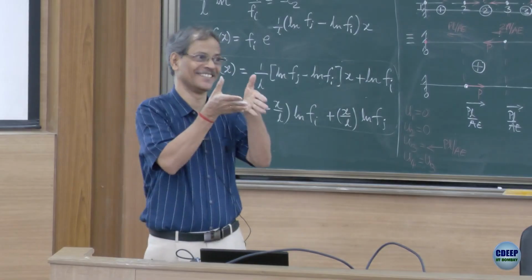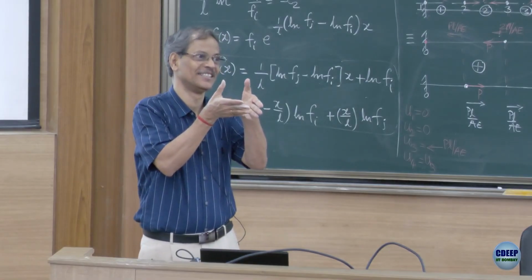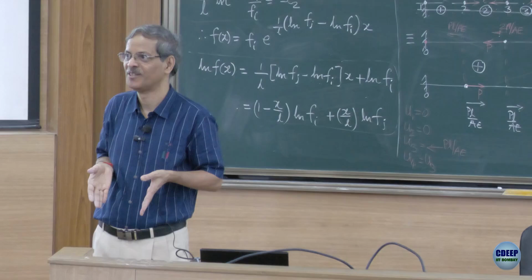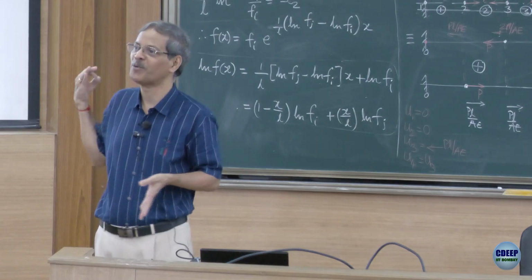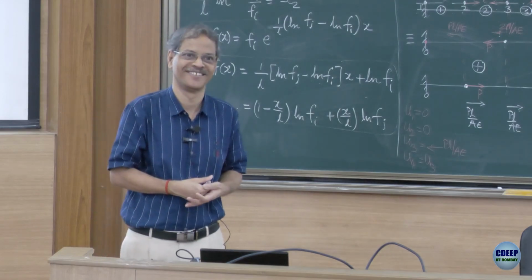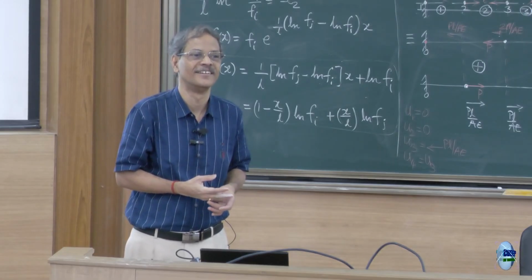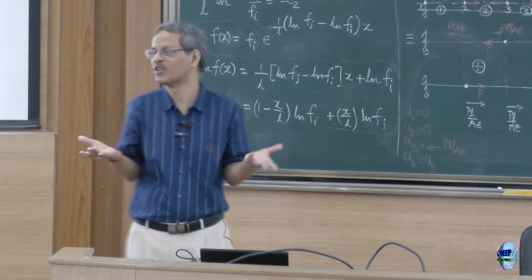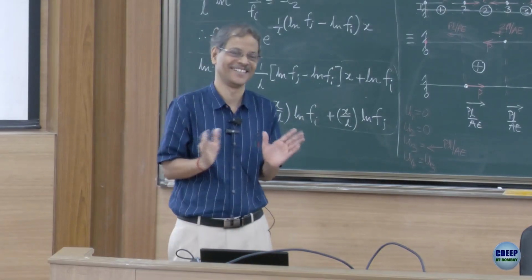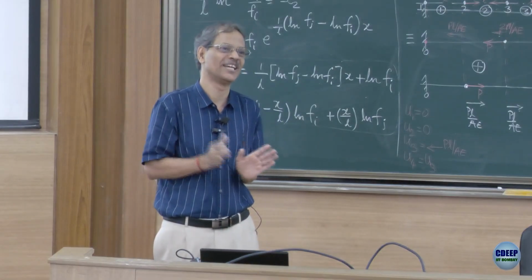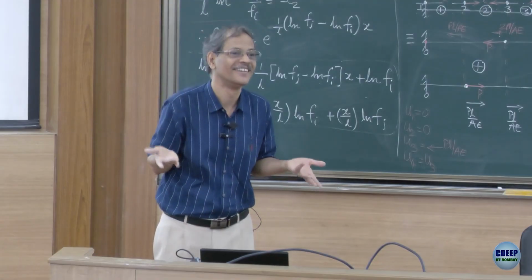What is the expression that would be satisfied by all the points on the edge 2, 3? Zeta equal to 1 means what? What is zeta equal to 1 in this case?